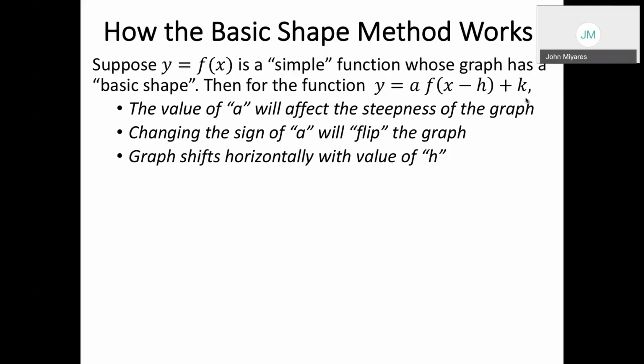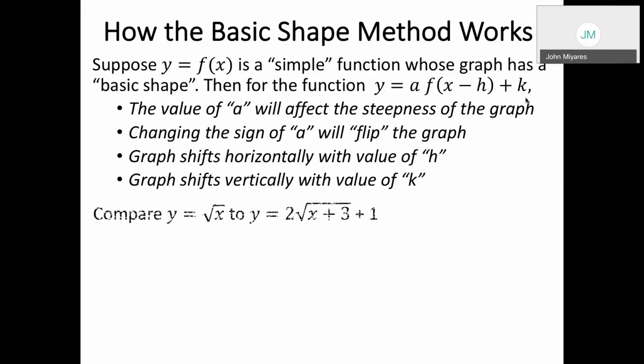For values of k being added or subtracted outside of the function, the graph is going to shift vertically. If we're adding k, the graph moves upward. If we're subtracting k or adding a negative value of k, then the graph is going to shift downward. All the while, the basic shape of the graph, be it a parabola or a J curve or a cubic pattern, is going to remain the same.